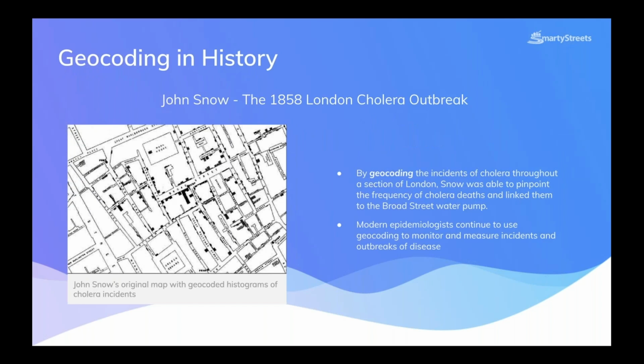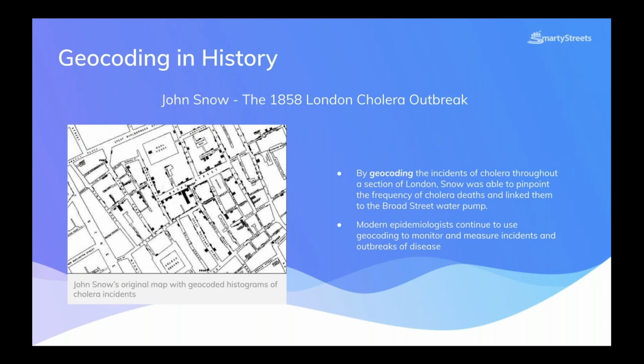Let me talk about something that happened in 1854. There was a big cholera outbreak. Dozens of people were dying, and one of the first epidemiologists in history, a man named John Snow, decided to take all of these deaths and map them out on the streets of London.